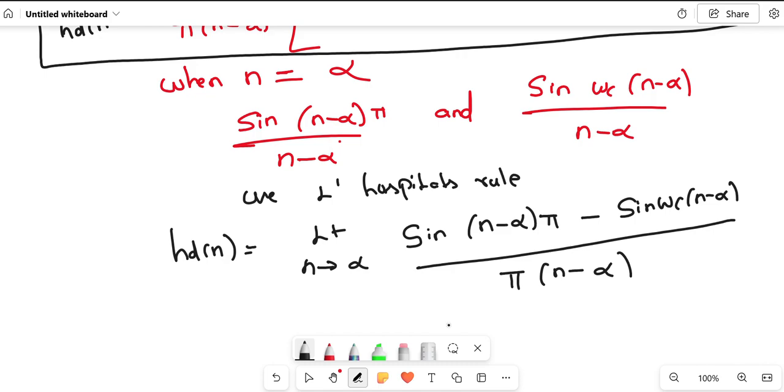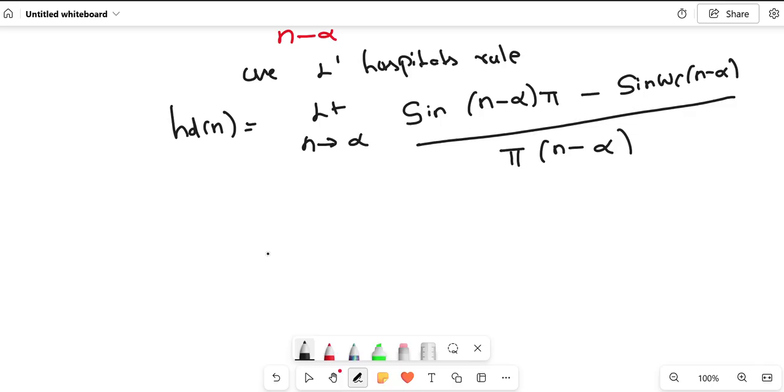For the first term, 1 by pi, take it outside and use L'Hospital's rule for this one.